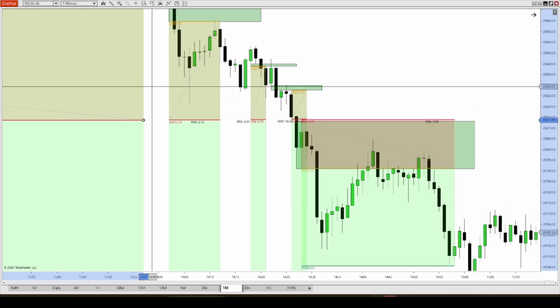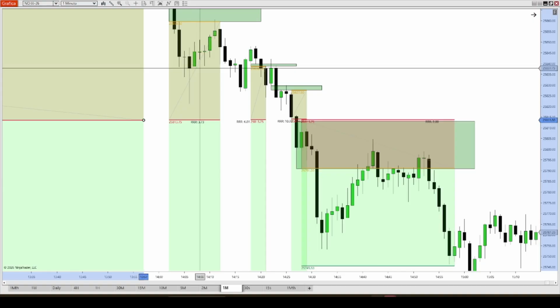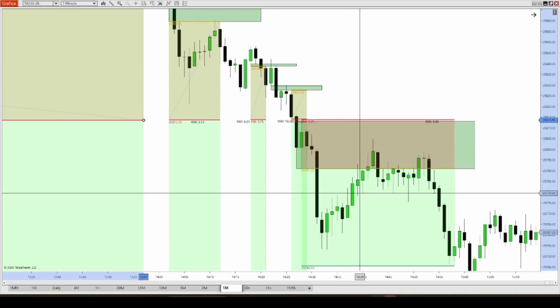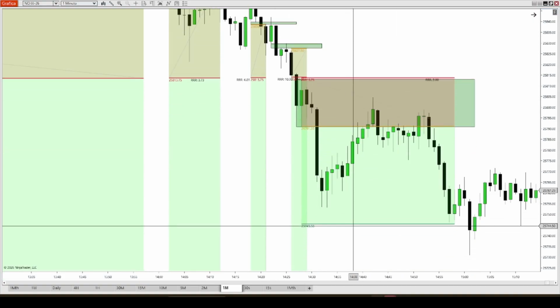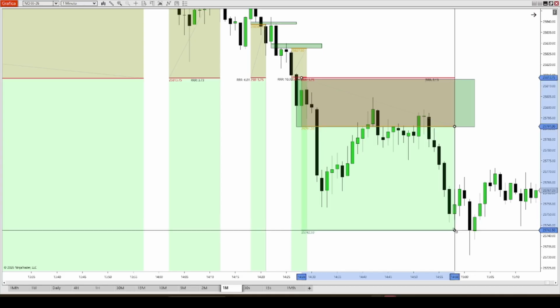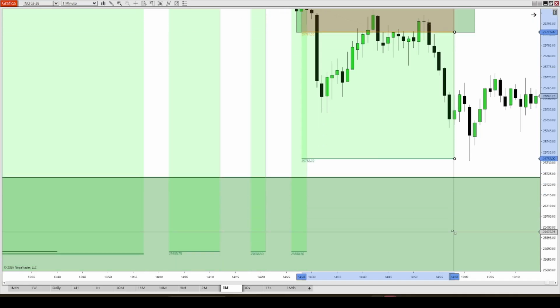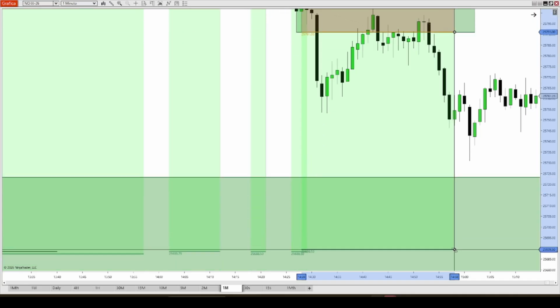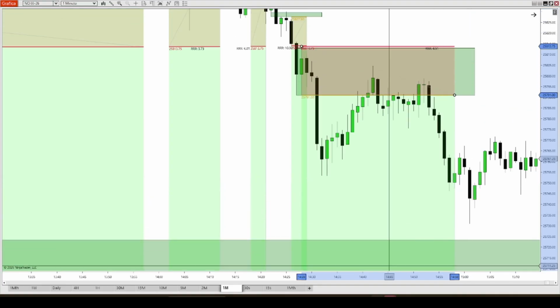So at this point, we have our first trade and 4 additions. And for the last trade, the 4th addition, we have to put our TP at the same level of the other trades.